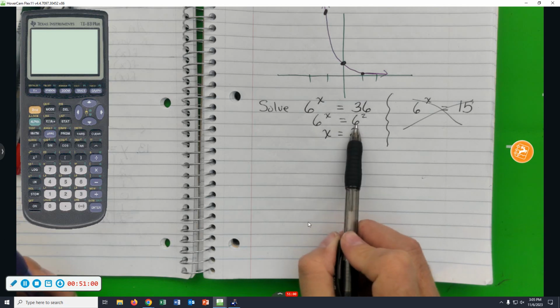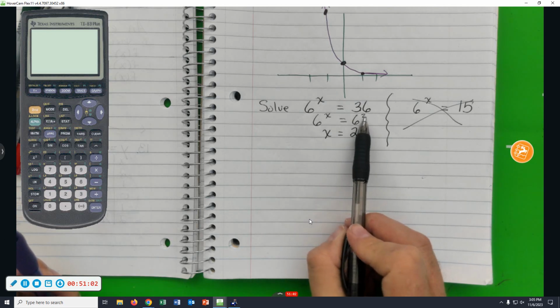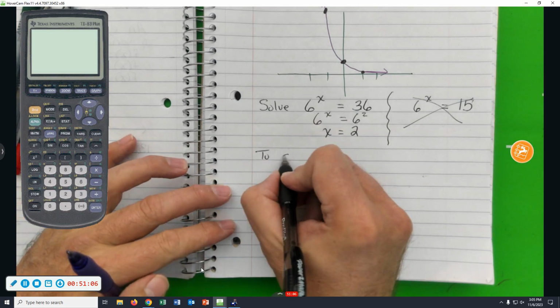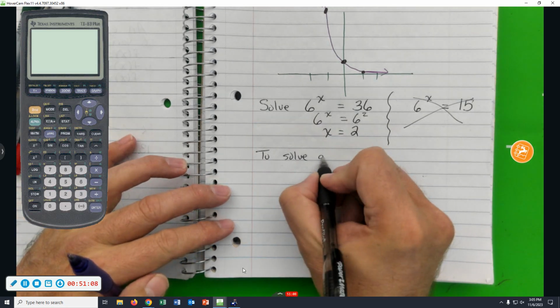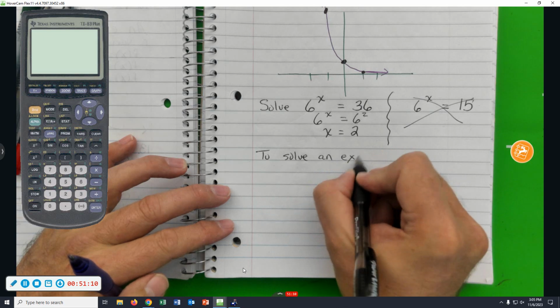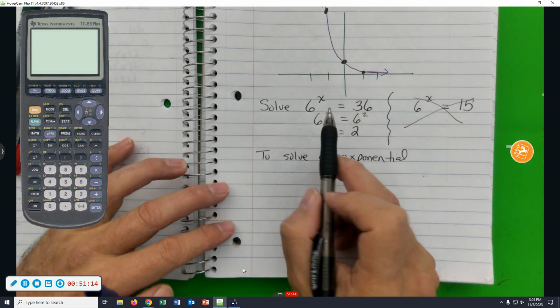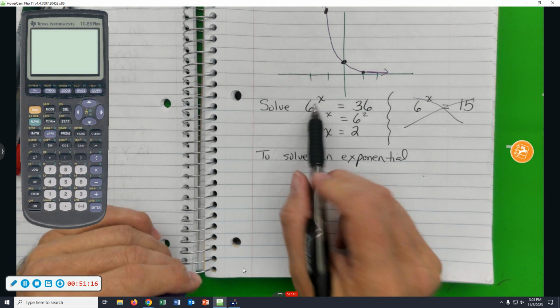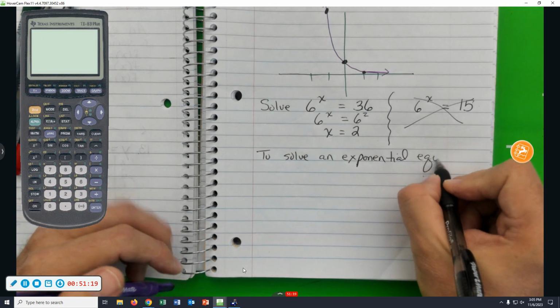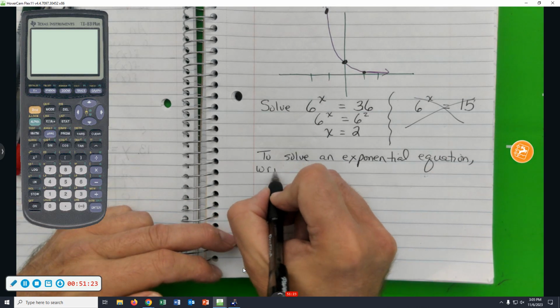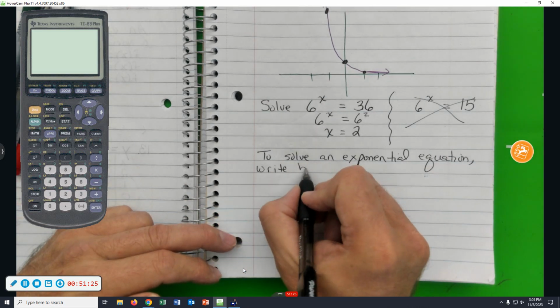If the bases are equal, the exponents have to be equal. Okay? To solve an exponential equation, that's an equation that has the variable up in the exponent, write both sides with the same base.